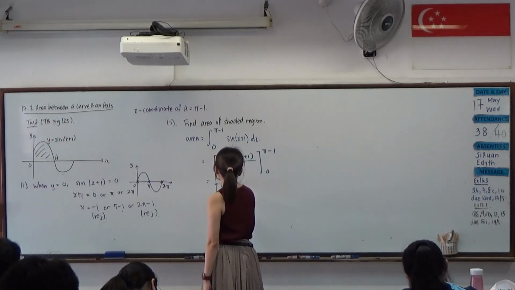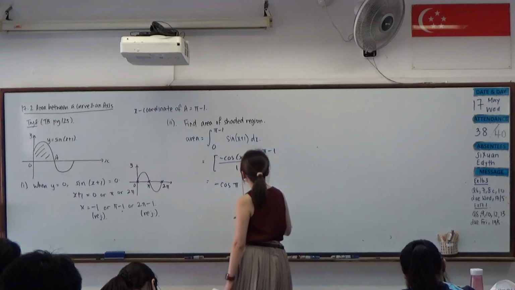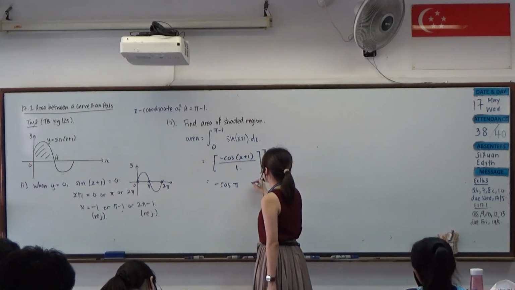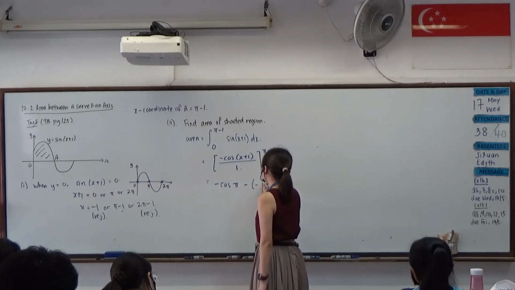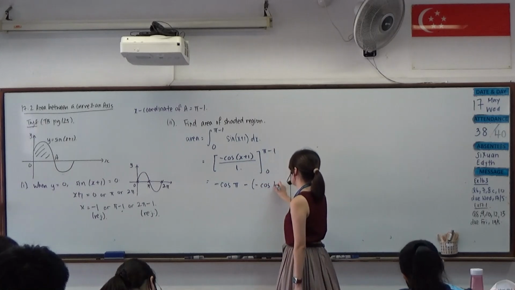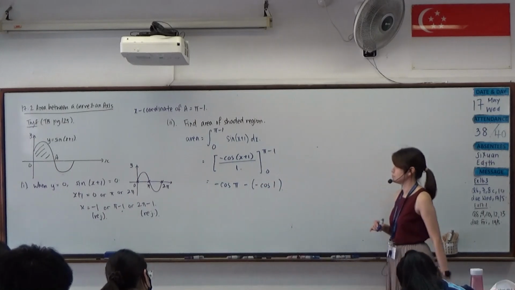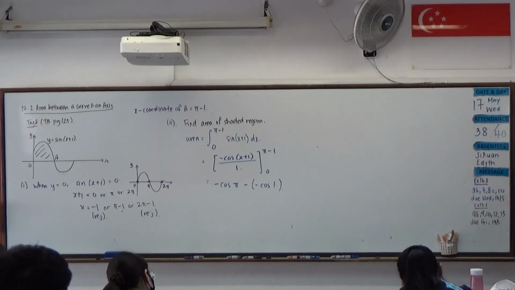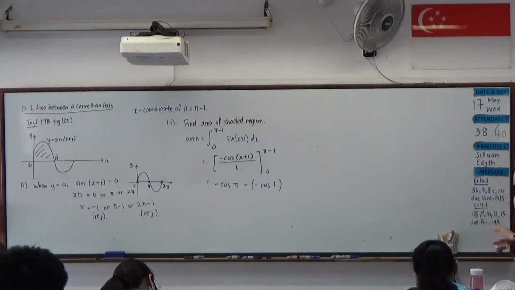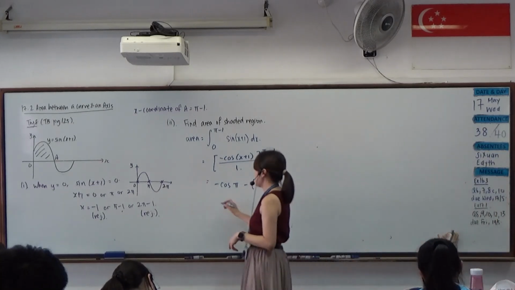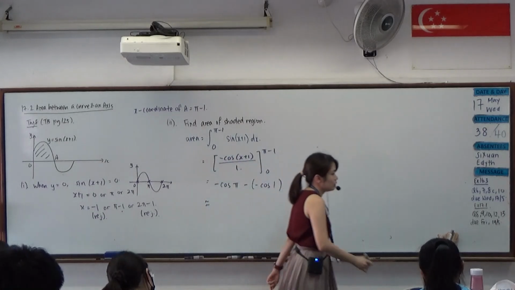So negative cosine pi minus negative cosine 1. Using your radian mode in your calculator, we will get a value.